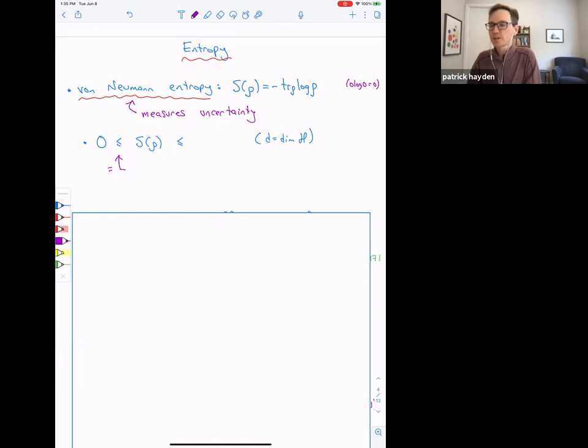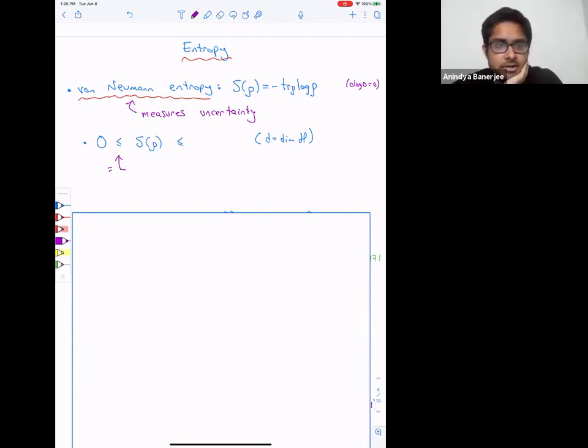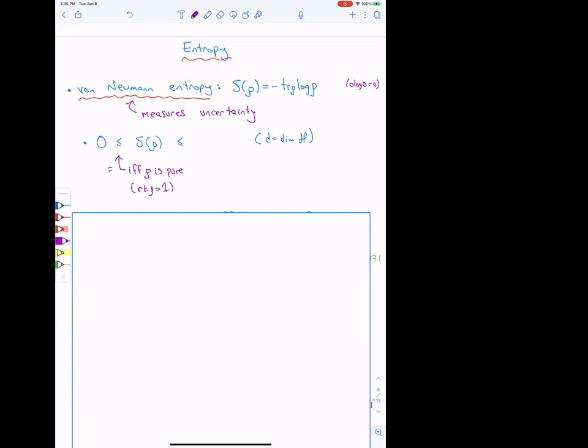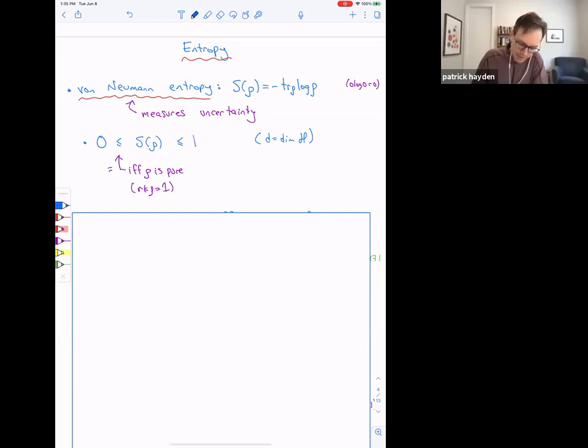When is there no uncertainty? Single state? If it's a pure state. Yeah, exactly. So if and only if rho is pure, which is the statement that its rank is equal to 1. And it can get as large as the log of the dimension.